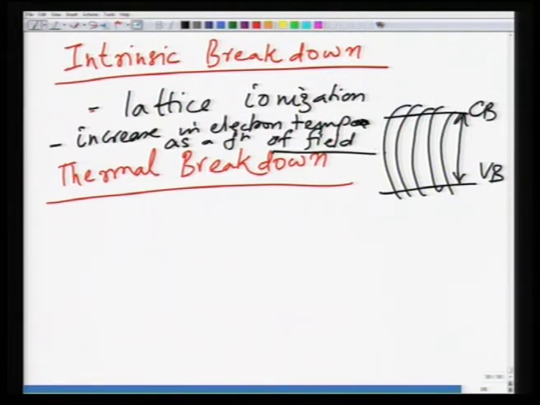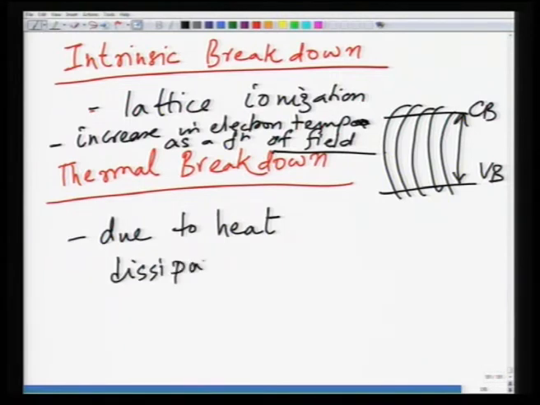In case of thermal breakdown, this occurs due to heat dissipation. This is basically due to current flow happening in the defective parts of the sample, and those defects could be ionic defects, lattice defects, etc.